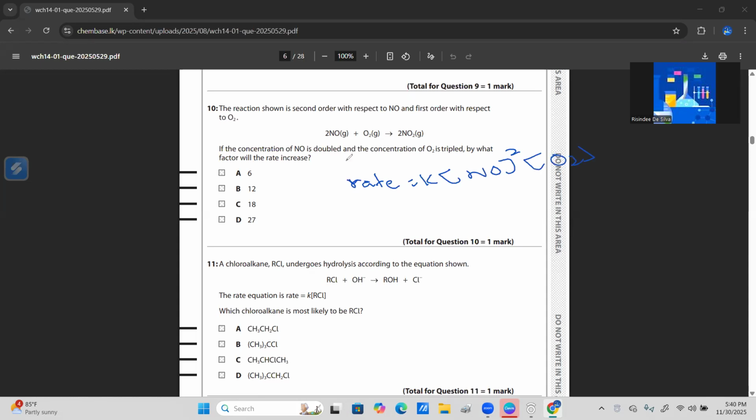If the concentration of NO is doubled and oxygen is tripled, then we know this is 4 times and this is 3 times, then you will get it at 12 times, right? So the correct answer is B, because always remember when you multiply it by 2, as it is second order, you take 2 to the power 2, which is 4. And this is 3 to the power 1, which is 3. So 4 into 3, it's 12.